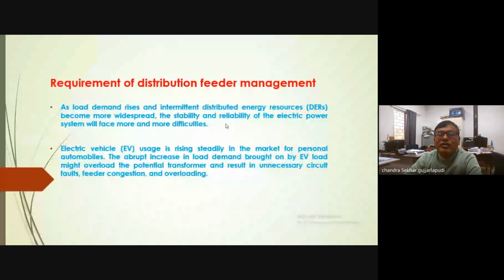The loading increases, and as a result the transformer will be overloaded, other circuit elements will also be overloaded, and the feeder will be congested. To manage such things, we need some kind of feeder management.